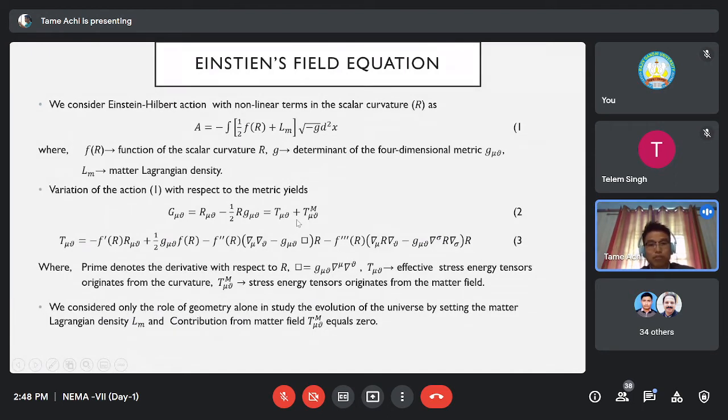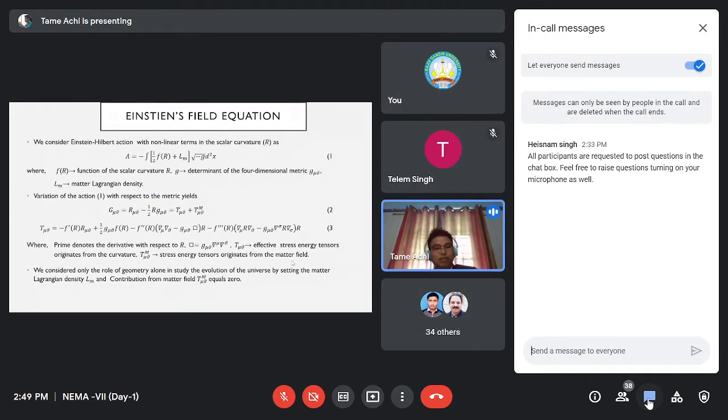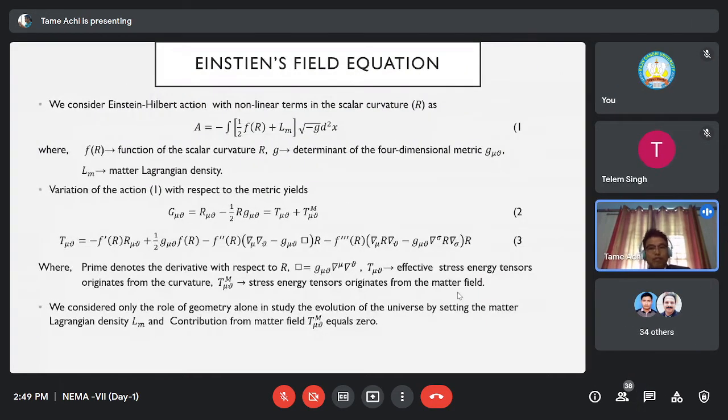We have two terms on the right-hand side of equation 2. The first one, T mu nu, is the effective energy tensor due to the curvature of the universe, and the other one, T m mu nu, is the stress-energy tensor due to the matter field.